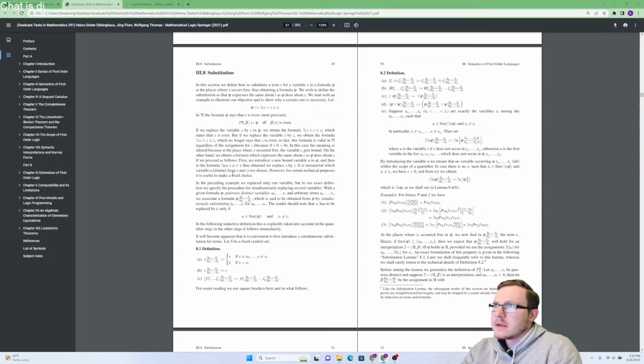It defines it for terms, then it defines it for formulas, and the definition for terms: if x gets replaced by t0 through tr, for x0 through xr, it's equal to x if x is not in the variable set, and it becomes ti if x is equal to xi.